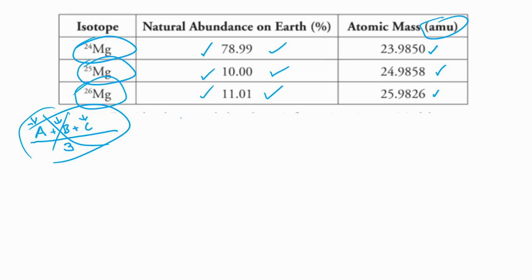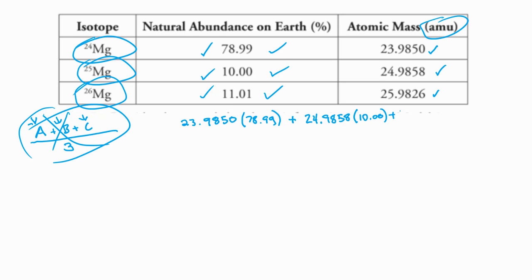You take each isotope's mass, so 23.9850, and you multiply that by its percentage, 78.99. Then you add to that the second isotope, 24.9858, and you multiply it by its percentage.